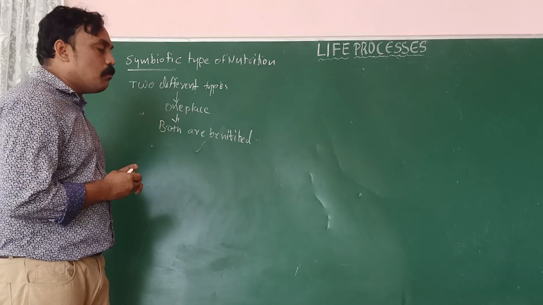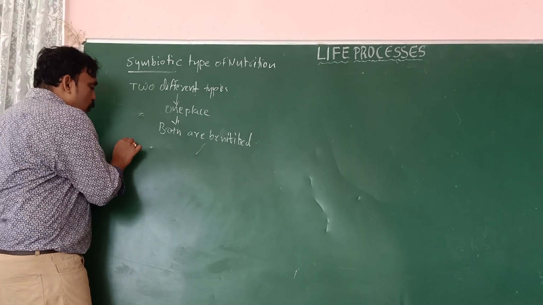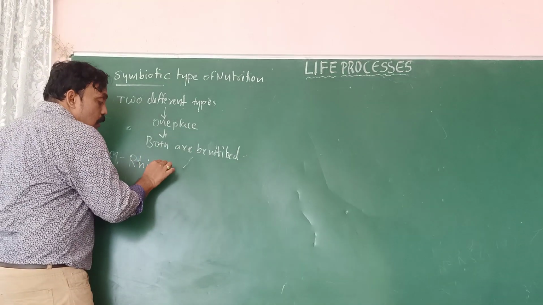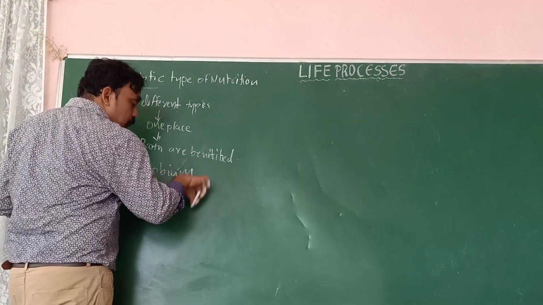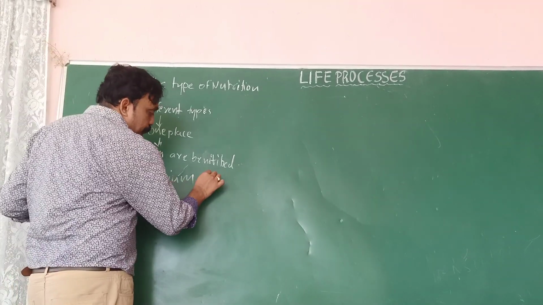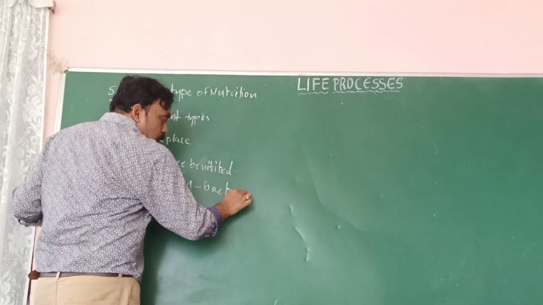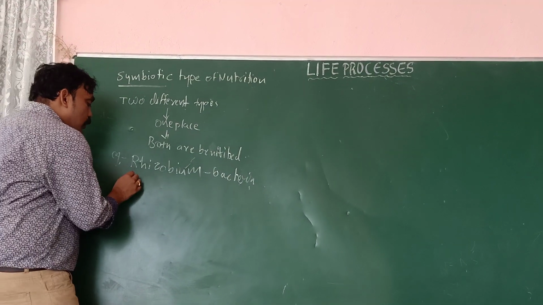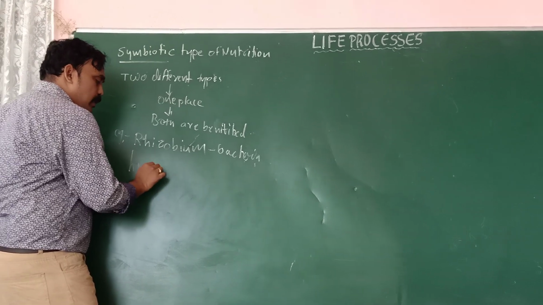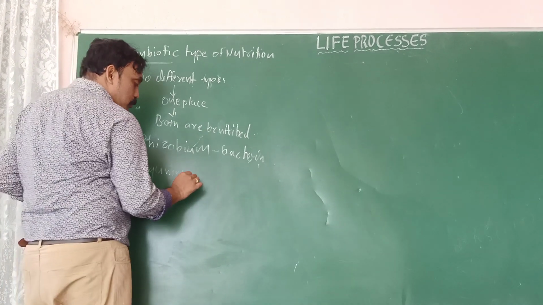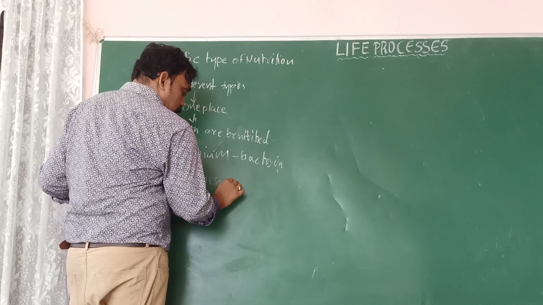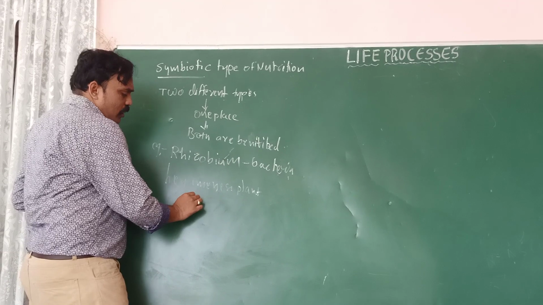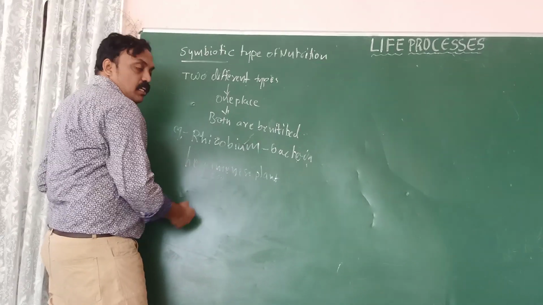Okay, we have to take some more examples. A good example we know very well is Rhizobium bacteria. The bacteria name is Rhizobium leguminosarum. The other one is a Leguminaceae family plant, maybe peanut or any other plant.